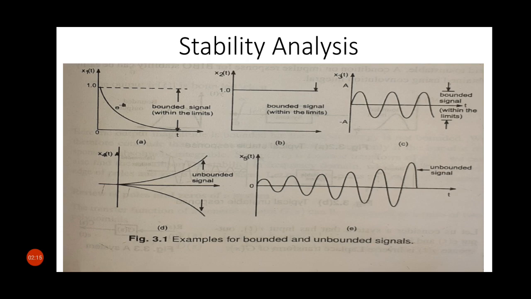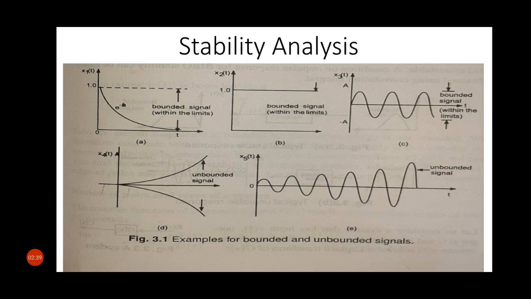On the other hand, the exponential function with a greater than 0 increases to infinity as time tends to infinity, as shown in figure D. So, the first three are bounded, okay, the first three are bounded outputs.